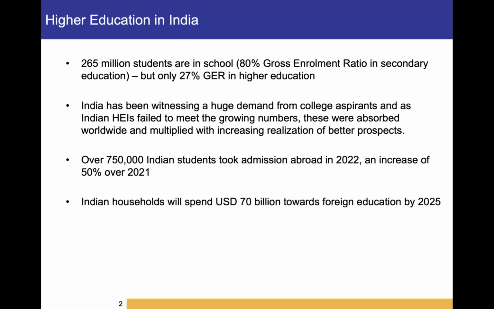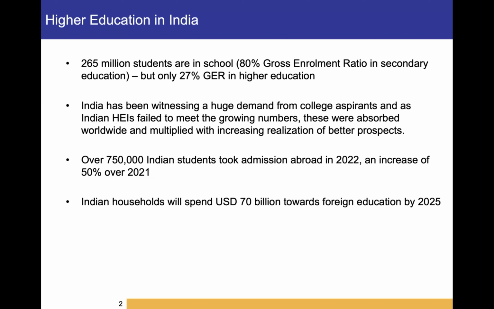The vision for this study came from the fact that in our country we only have a gross enrollment ratio of 27% vis-a-vis so many other countries. We talk about being a 1.4 billion population. There is a huge demand from college aspirants, but somehow the Indian higher education sector has constantly seen more of an outflow of students going abroad.